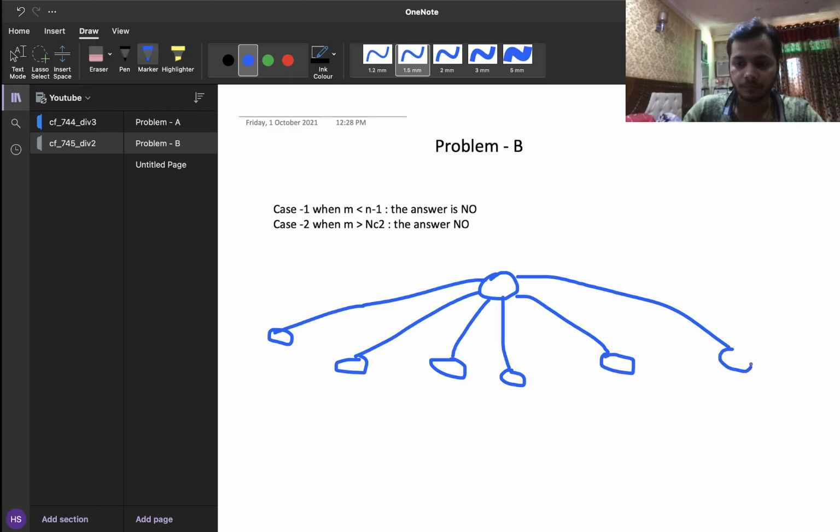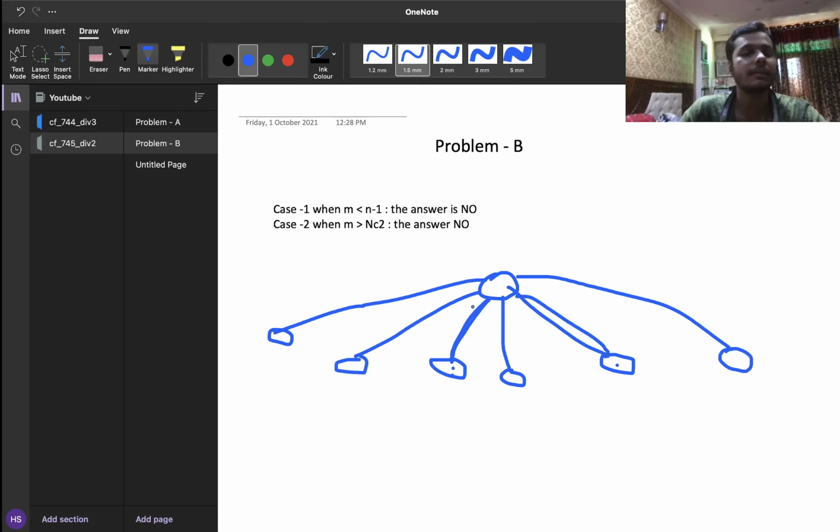Okay, so just by using exactly n minus 1 edges, we have a situation like this. We have a connected graph, so that condition is satisfied. And let's look at the diameter. Let's pick any two nodes which are not the root, and the distance between these two nodes is going to be 2, right? So if we pick these two nodes, then the distance is going to be 1 plus 1, right?